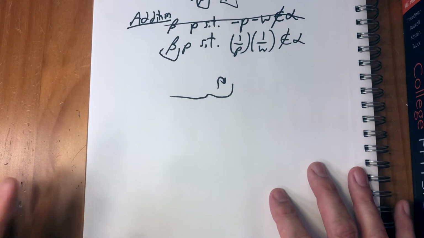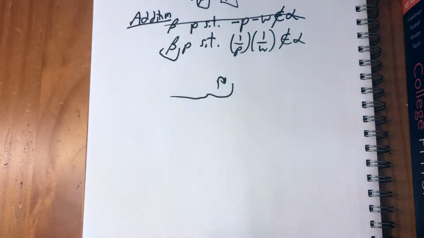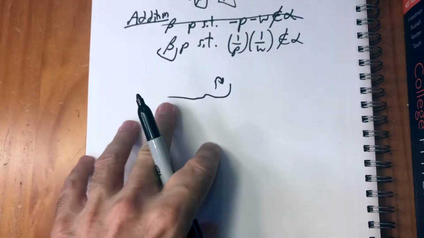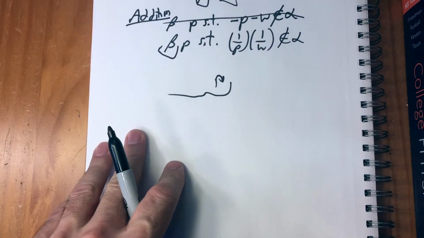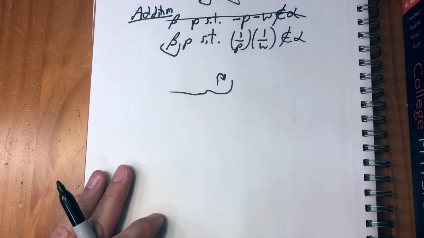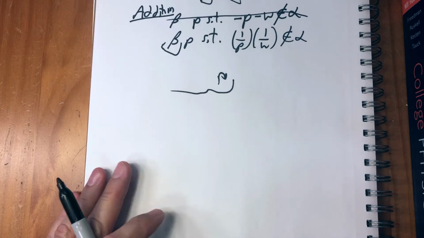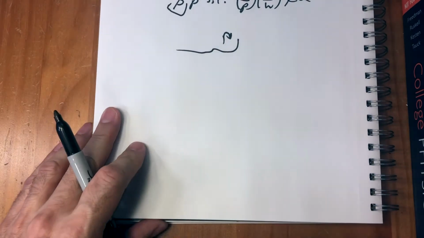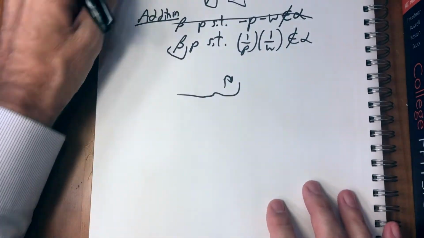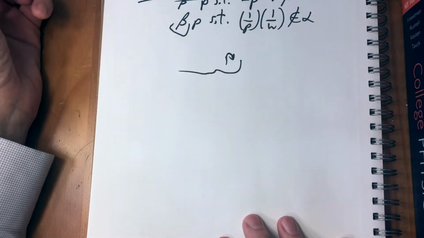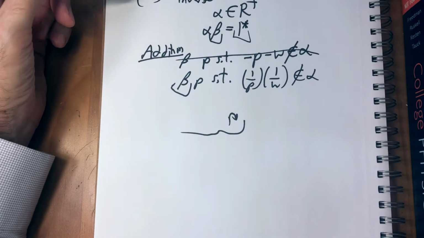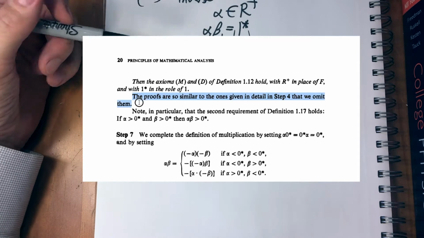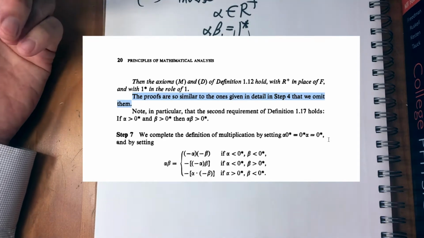The first part of this is not going to be hard, and I'll get to that in just a second. But this video is going to be a little different than normal because I'm actually going to fail to get this proven in this video. If you remember, I showed you in the last video that Rudin says that the proof of the multiplication axioms is so similar to the addition axioms that he doesn't even bother to show them.